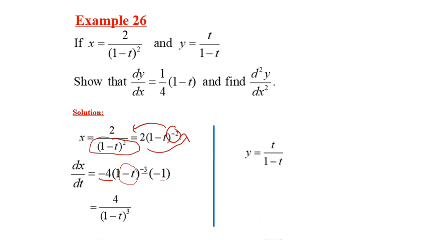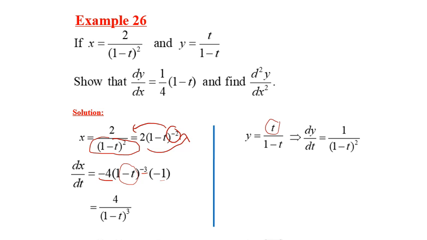Right, next to find dy/dt. In this case we have not a constant here, also t. So we may have to use the quotient rule in this case, but for the purpose of minimizing the working steps, we didn't show the detail of how we find it.